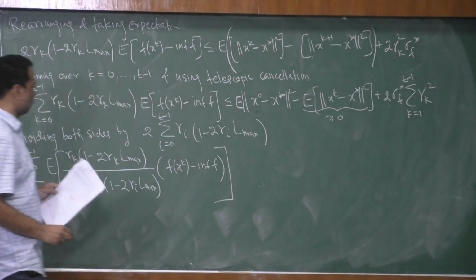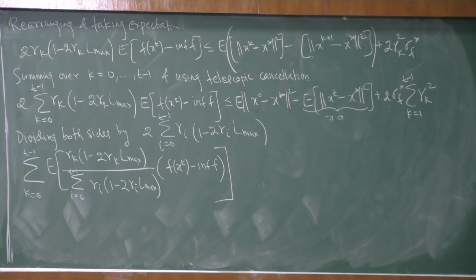So that's after the division for the left term. Eventually I decided to keep the expectation outside also, so I changed there, that's fine.